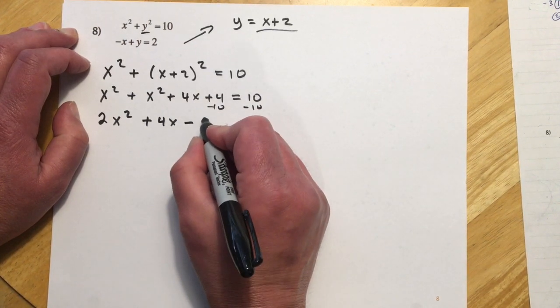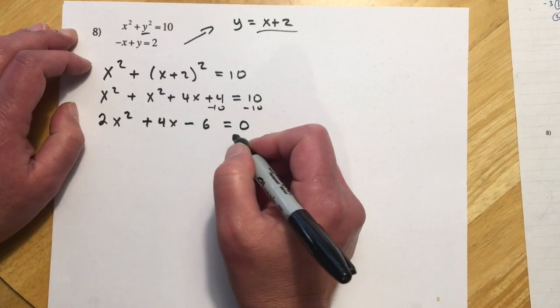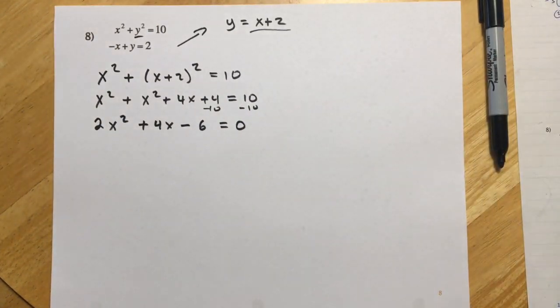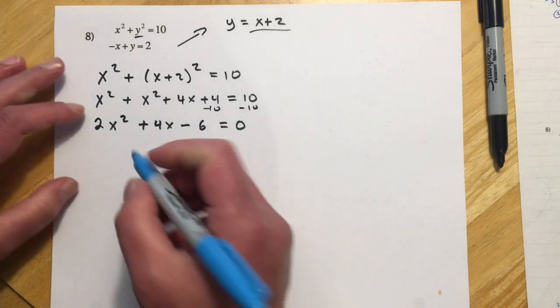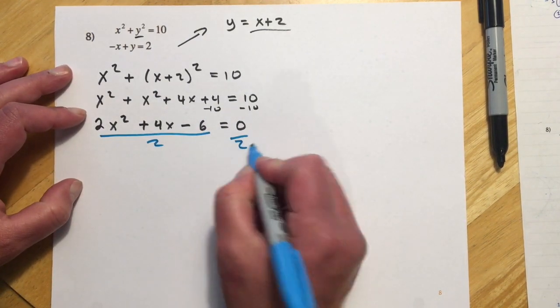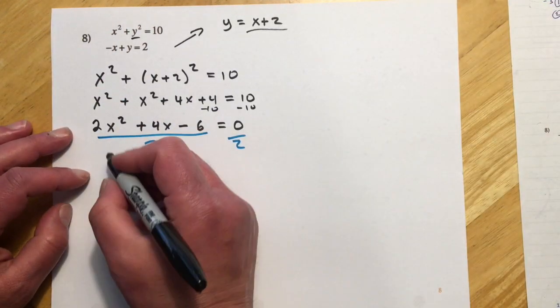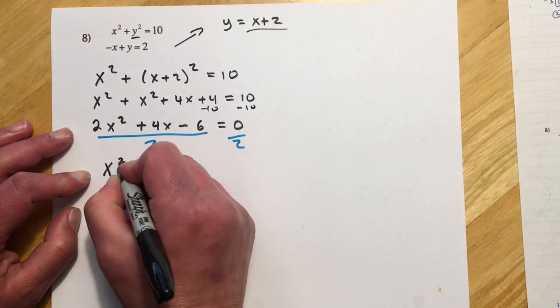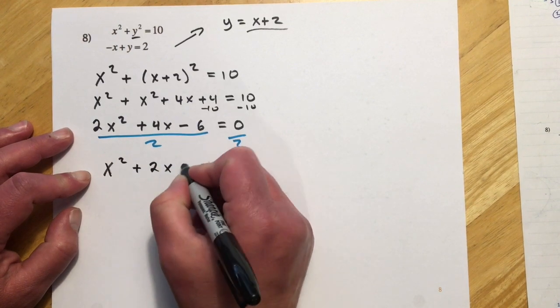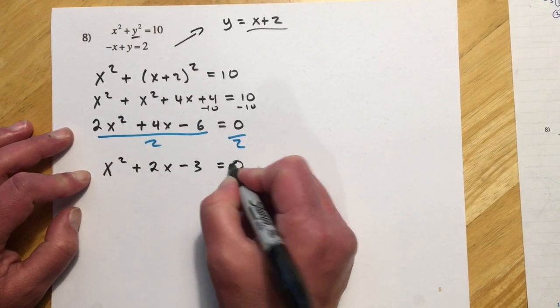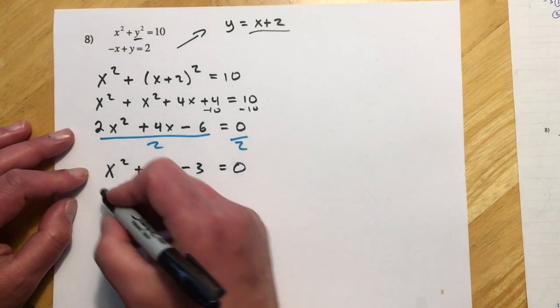So that would be minus 6 equals 0. And then I notice there's this common factor 2. I could either factor it out or I could just divide both sides by 2, either way. And so if I do that, now I have x squared plus 2x minus 3 equals 0. This I can factor.